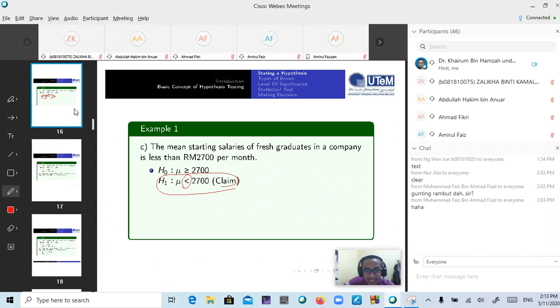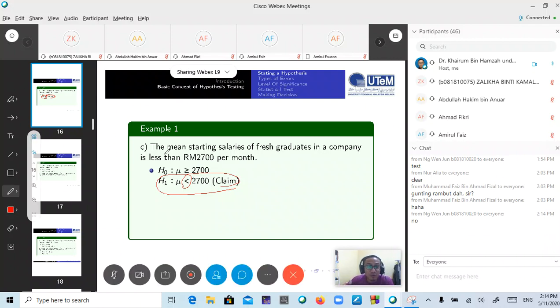In order to identify the hypothesis testing, which is H0 and H1, it's very important because that is the first step when you solve this problem. Okay? If you make a mistake in identifying H0 and H1, all your calculations will be wrong.